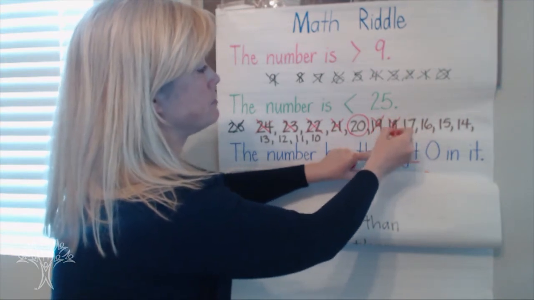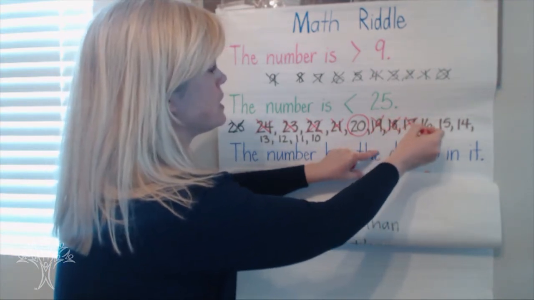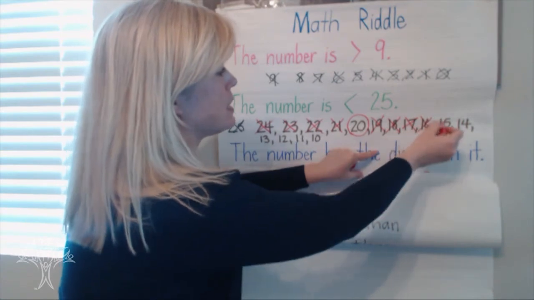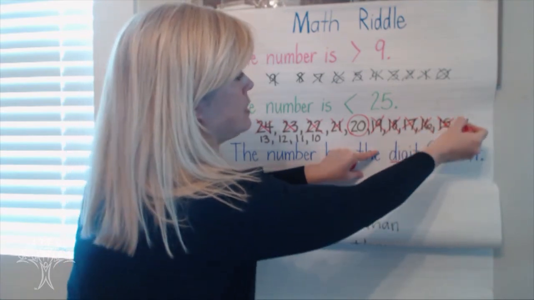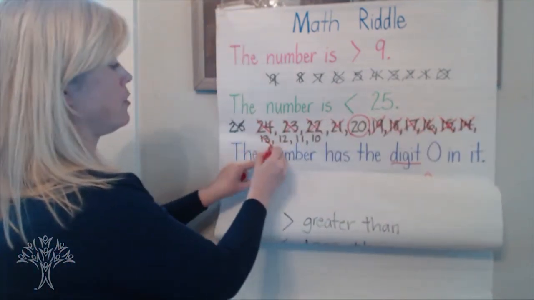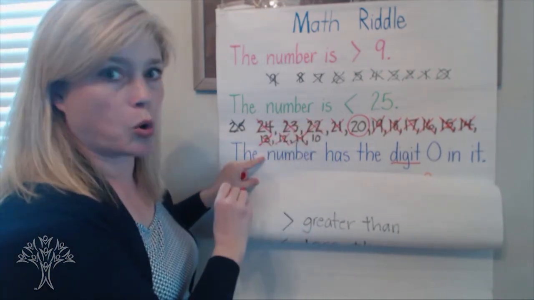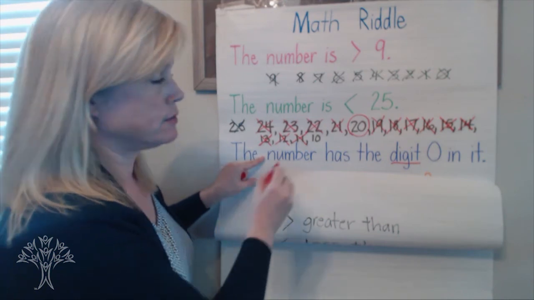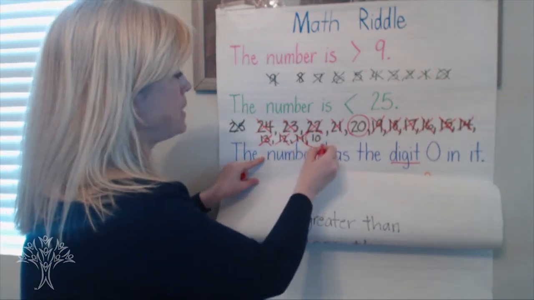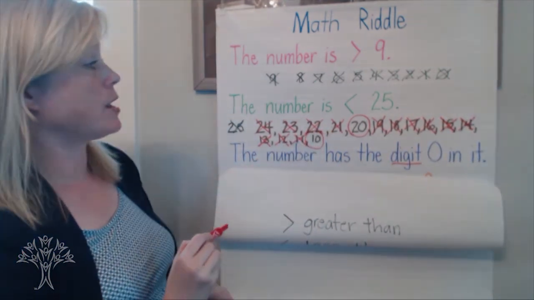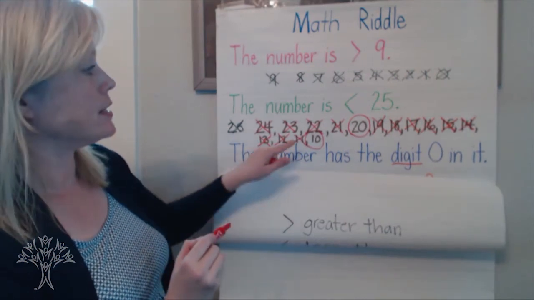18? No. No 0 in 17. I don't see a 0 in 16. There is not a 0 in 15. Not in 14. Not in 13. 12, 11. Hold on. Yep. I got another number with the 0 in it, and it's 10.